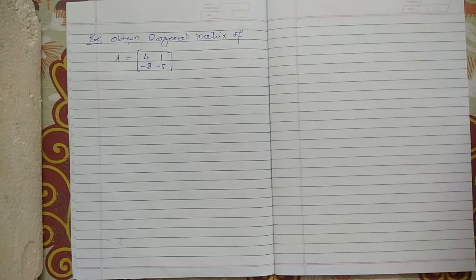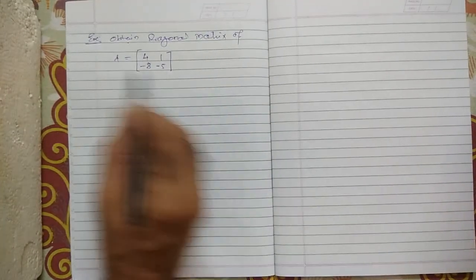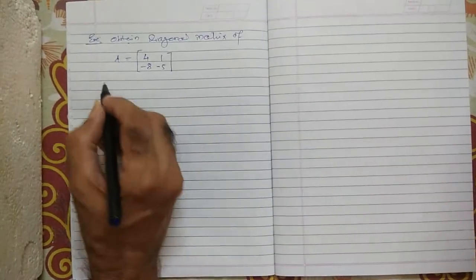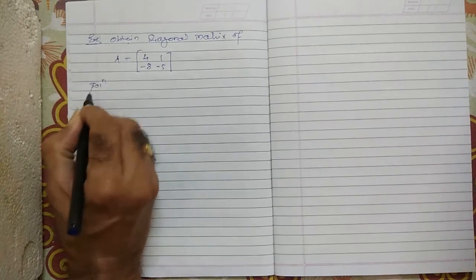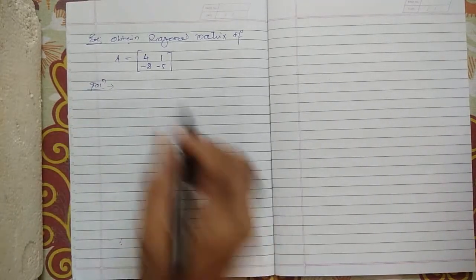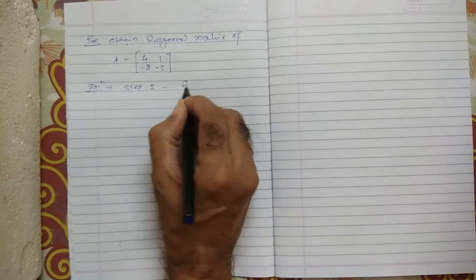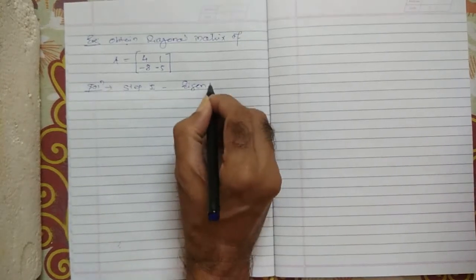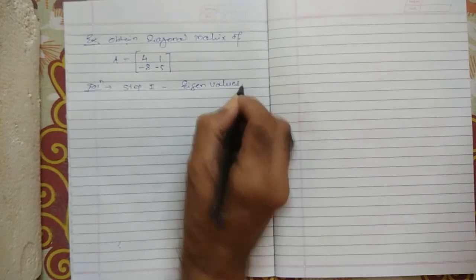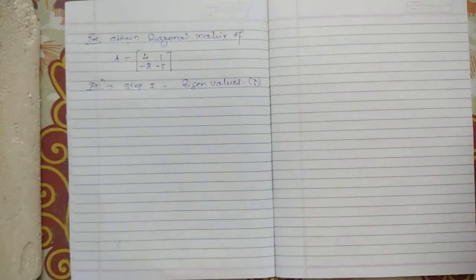Now we have to find the diagonal matrix of A. For this one we will see the solution. In the solution, in step 1 we have to find the eigenvalues, that is lambda.